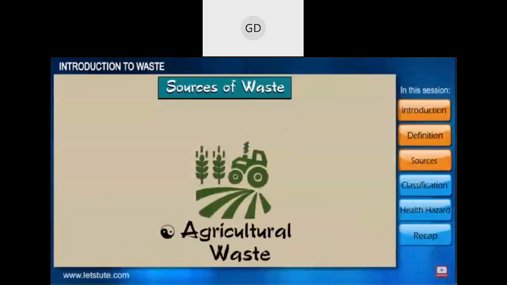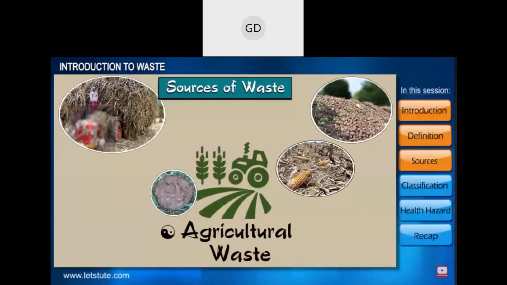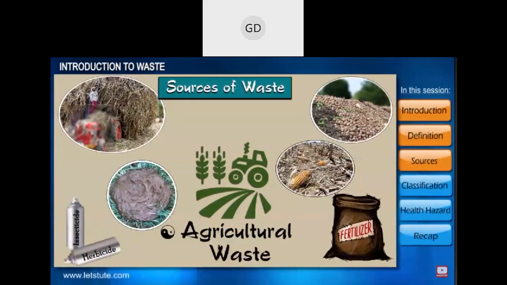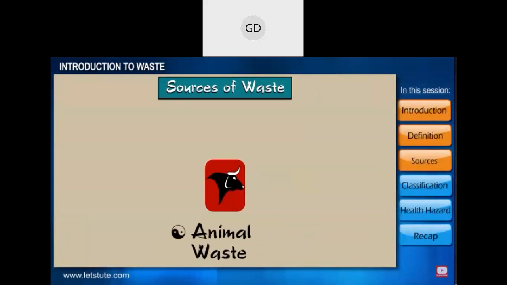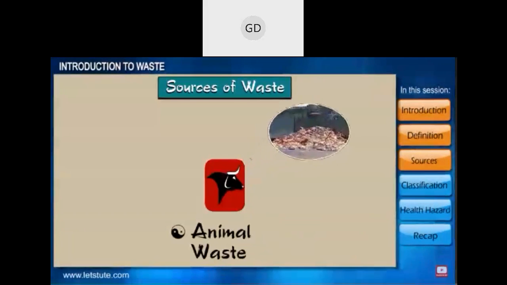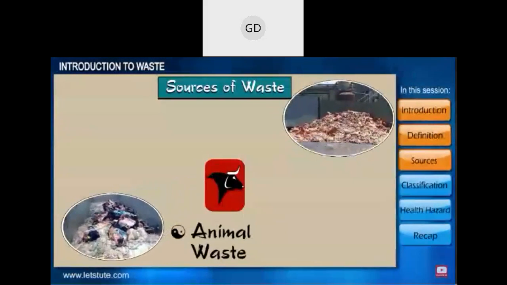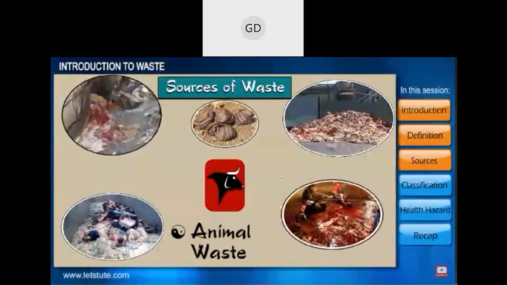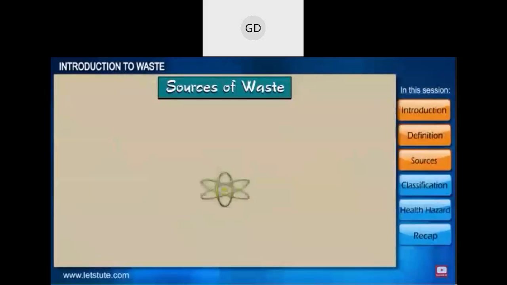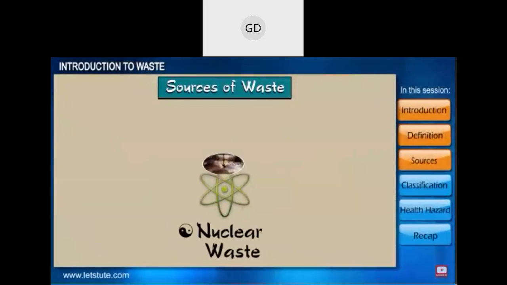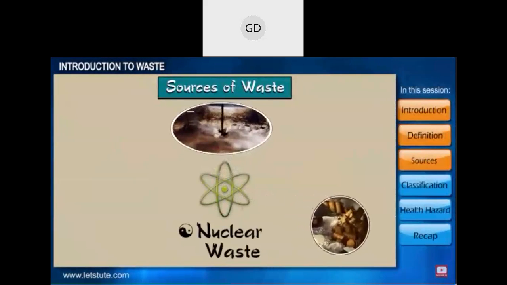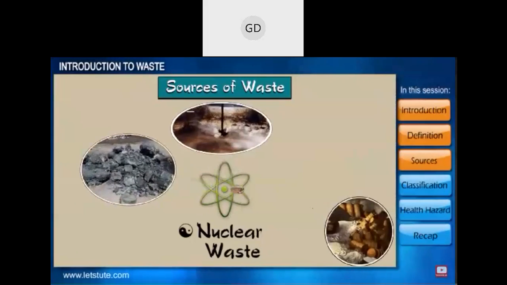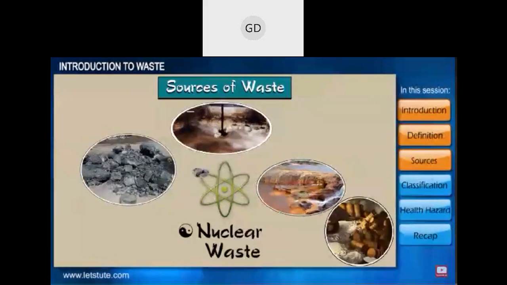Agricultural activities, which generate different waste products. Animal waste. This includes animal waste products associated with agriculture and also the waste from slaughterhouses. Nuclear waste. The waste products of the nuclear power plants includes radioactive minerals and metals.